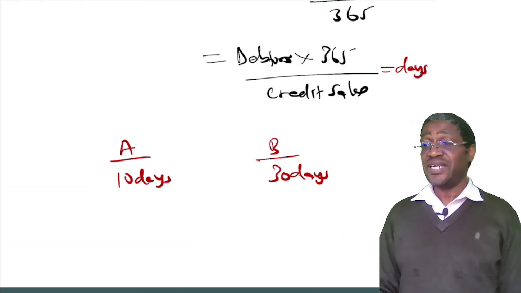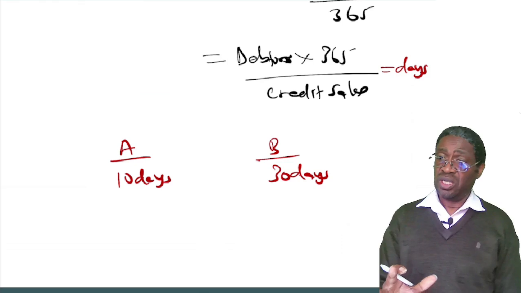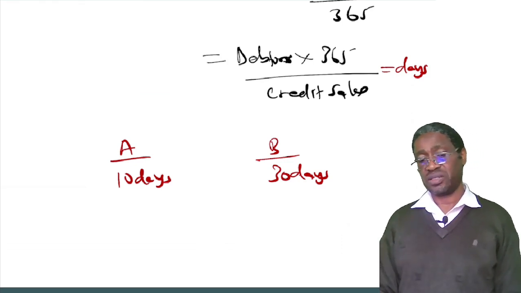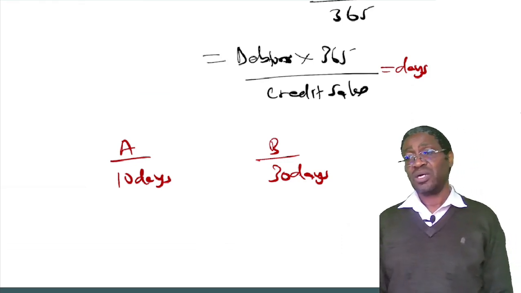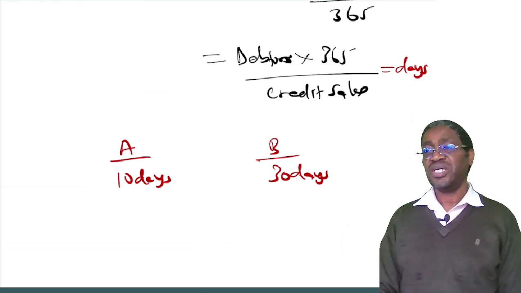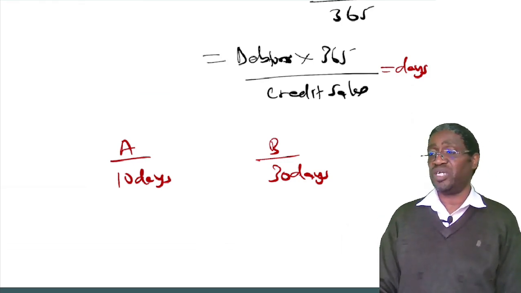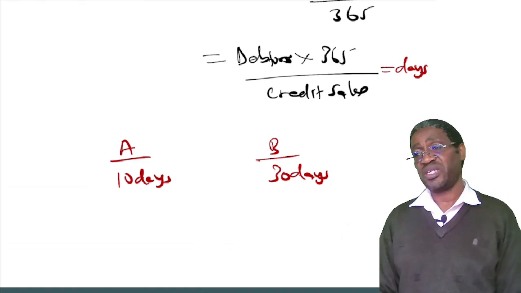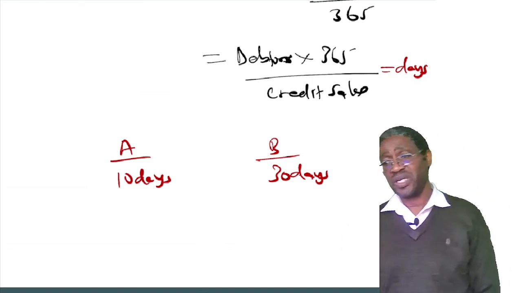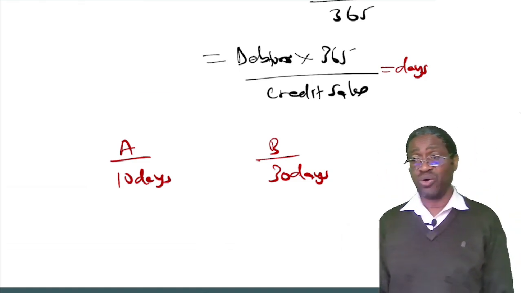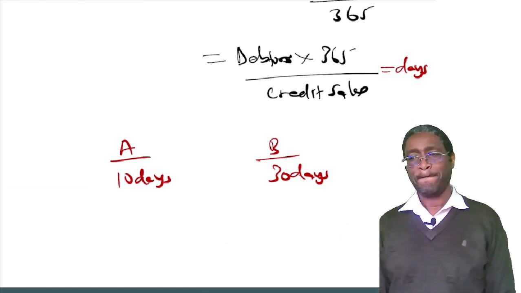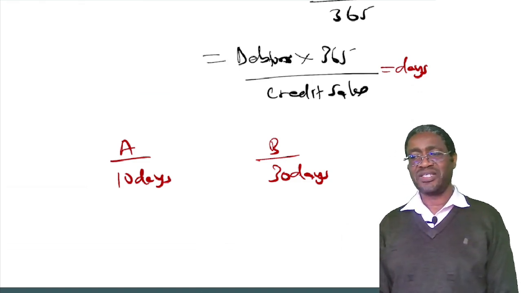Company A takes 10 days: once they sell the goods, they take 10 days to collect from debtors. Company B, once they sell goods on credit, takes 30 days to collect from debtors. Which company is better? Is it A or B?